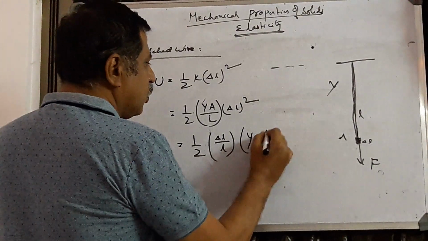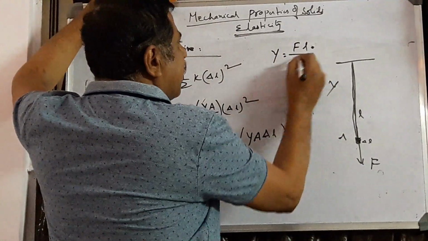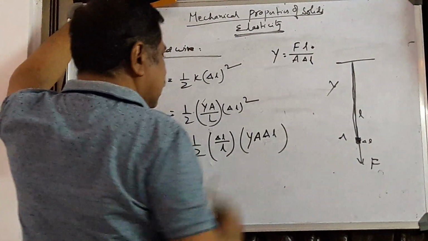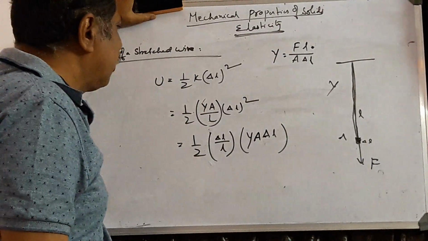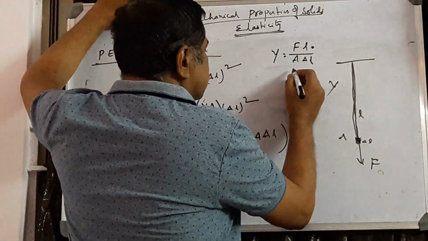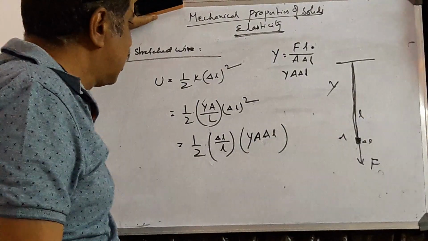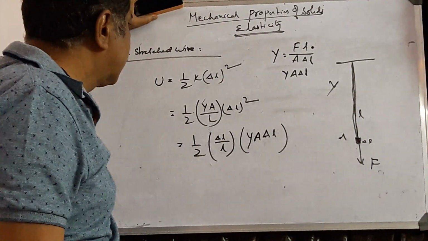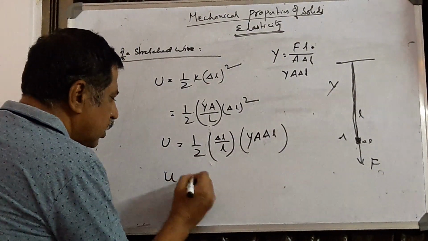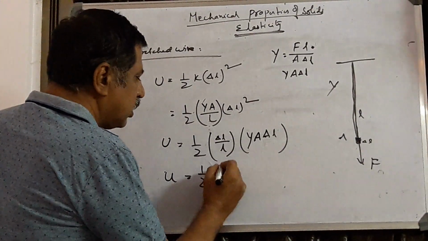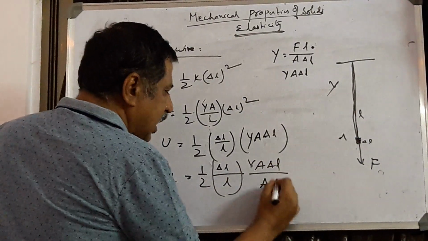Next, Young's modulus Y is equal to FL by A into delta L. Now we can write it as YA delta L. Then potential energy per unit volume is half, delta L by L into YA delta L by AL.